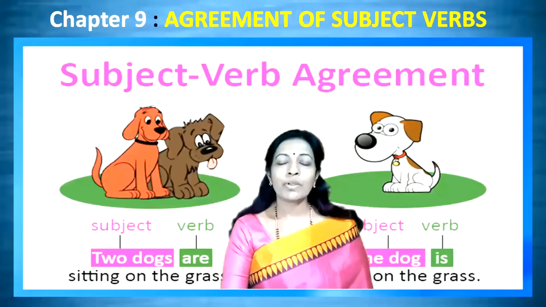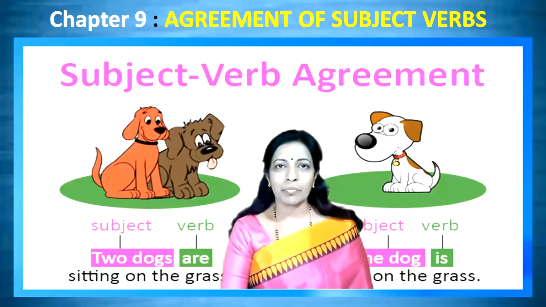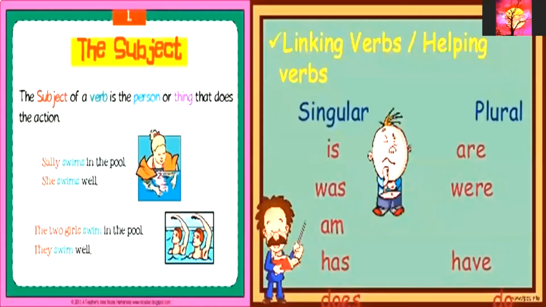Let us now try to understand what is subject-verb agreement. Before we begin with the actual topic, let us first understand what is the subject. The subject of a verb is the person or thing that does the action. So, in a sentence, the person who is doing the work or who is performing the action is called the subject.